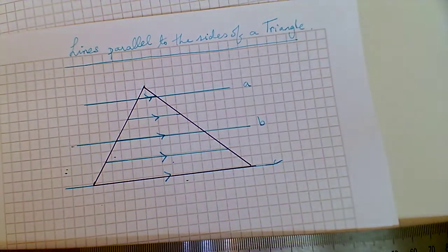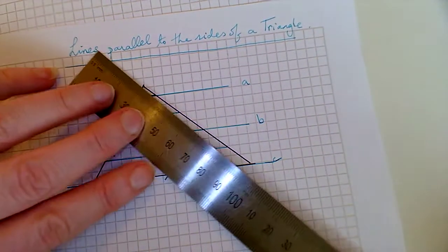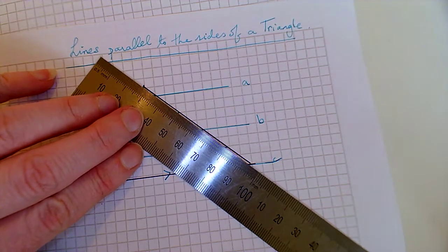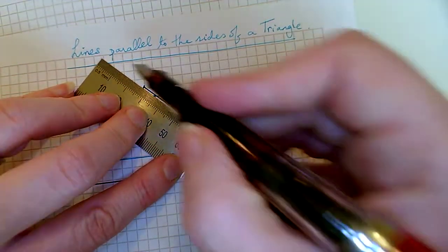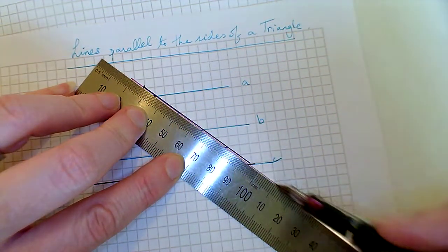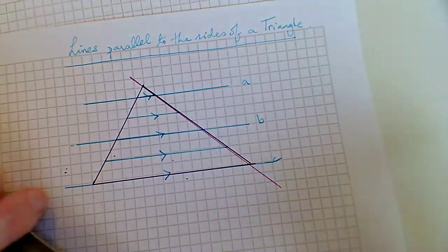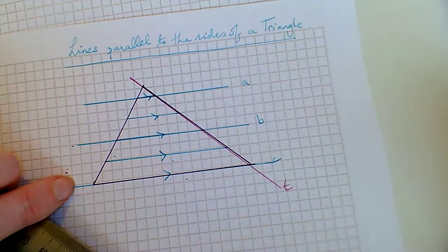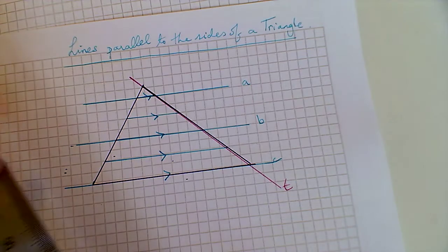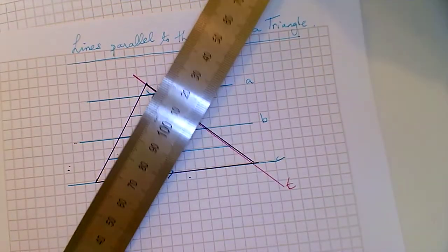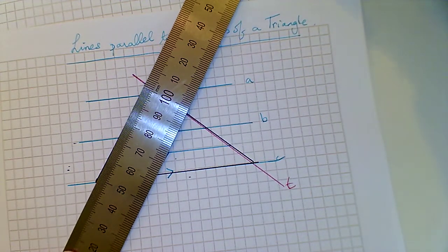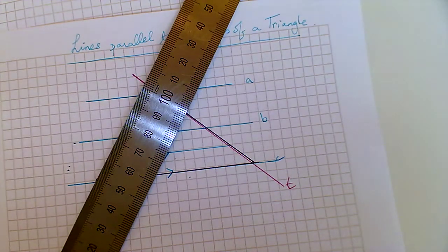And if I keep going with the other two sides, they end up being transversals. So these slanty sides are transversals of the lines parallel to the base of my triangle.